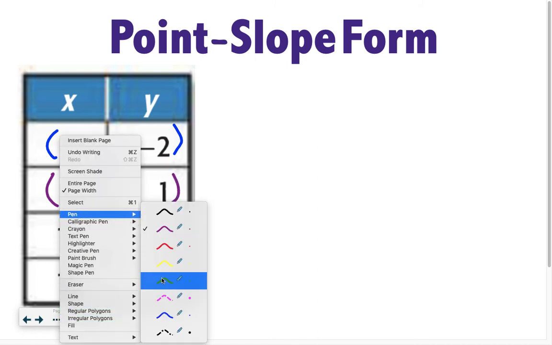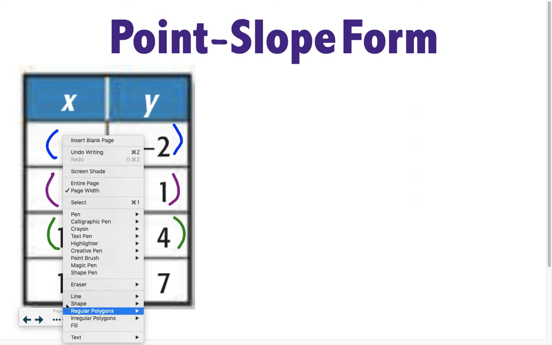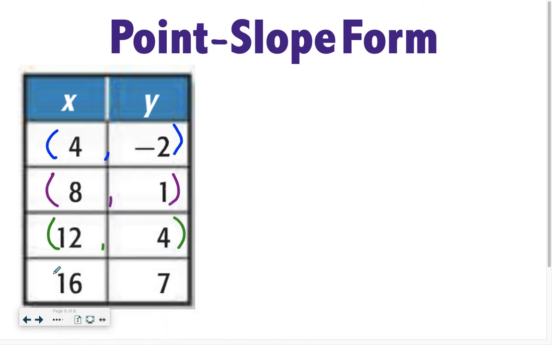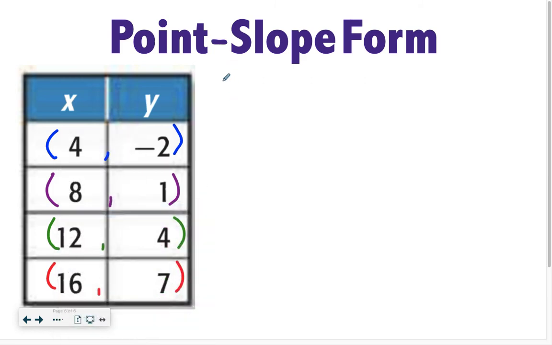I have a third x comma y, and then I have a fourth x comma y. So the first thing you're going to do is you're going to pick any 2 points, and find the slope. So I usually just like to use the first 2 points I'm given.